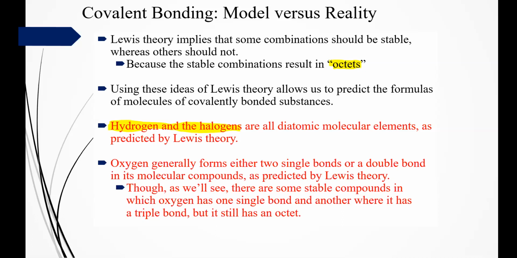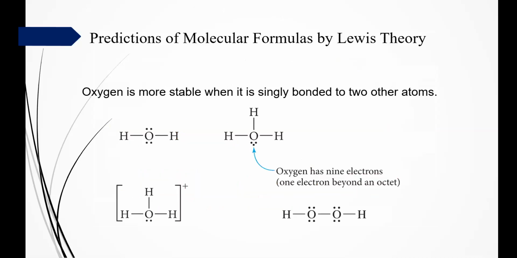Overall, our stable compounds seem to follow along with this, but there are some stable compounds that break those octets. Things where oxygen might have only a single bond, or where it has a triple bond but still has an octet. An example that shows some of this is our water here or our hydronium ion here.